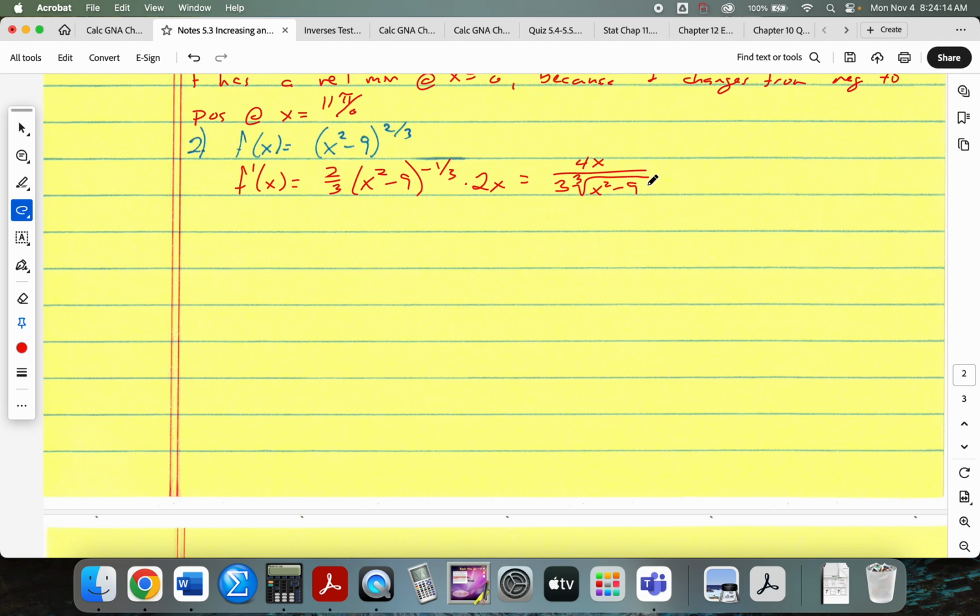Again, I always look for places where f prime doesn't exist. And there are places on this one. Where does f prime not exist? 3. And negative 3. And where is f prime equal to 0?